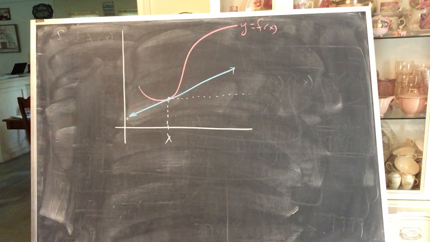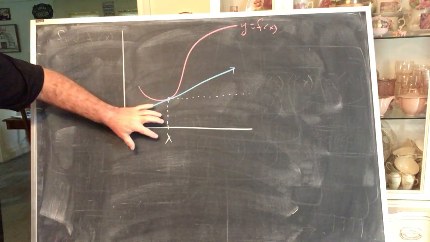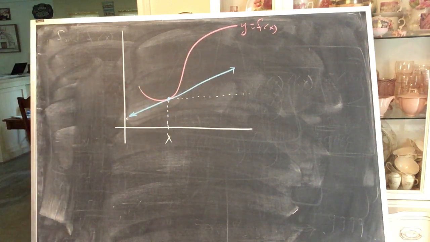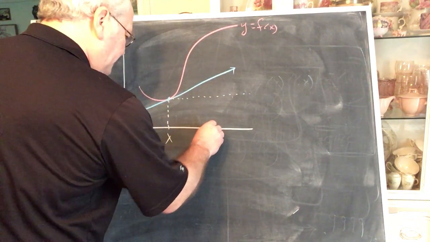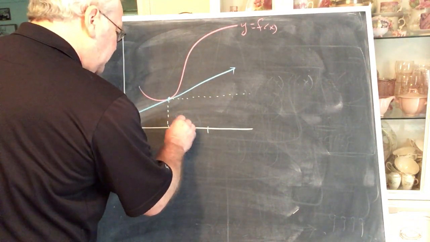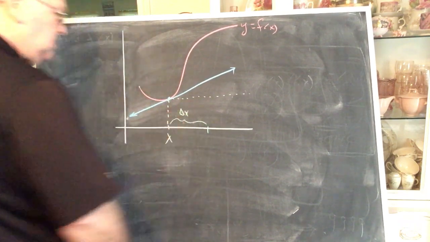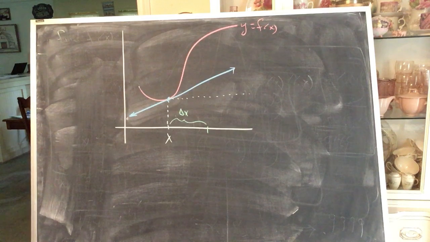So what I have here is a function. In the red, we have a function y equals f of x. We have a point in the domain x, and we have the point of tangency and the tangent line we've all sketched here. And so what I want to consider is, suppose we have this distance is delta x.